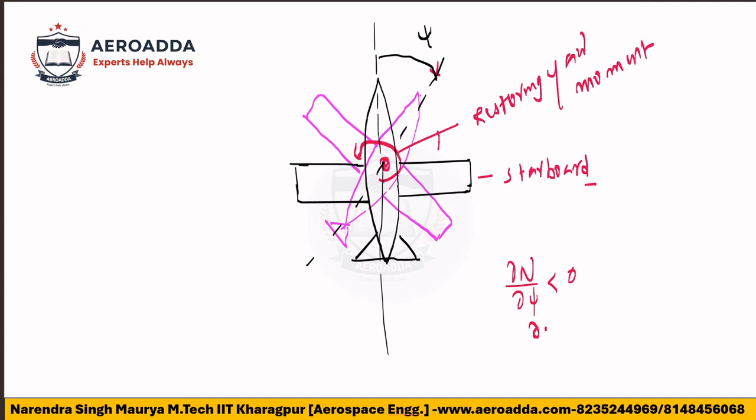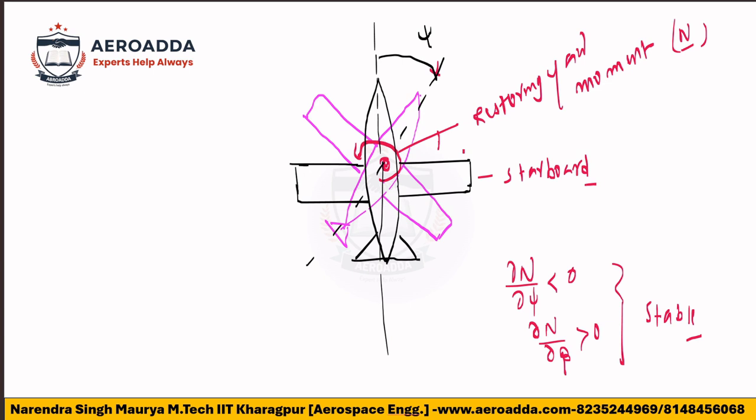But psi and beta are opposite in sign. So this restoring moment N changes with respect to psi, or you can say with respect to beta. That change in terms of psi will be negative, so that will be stable. You need to remember psi and beta both; they can ask anything. So this is all about directional stability.